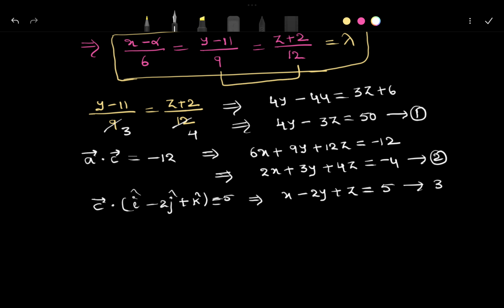Let this be equation 3. Now we solve these three equations.